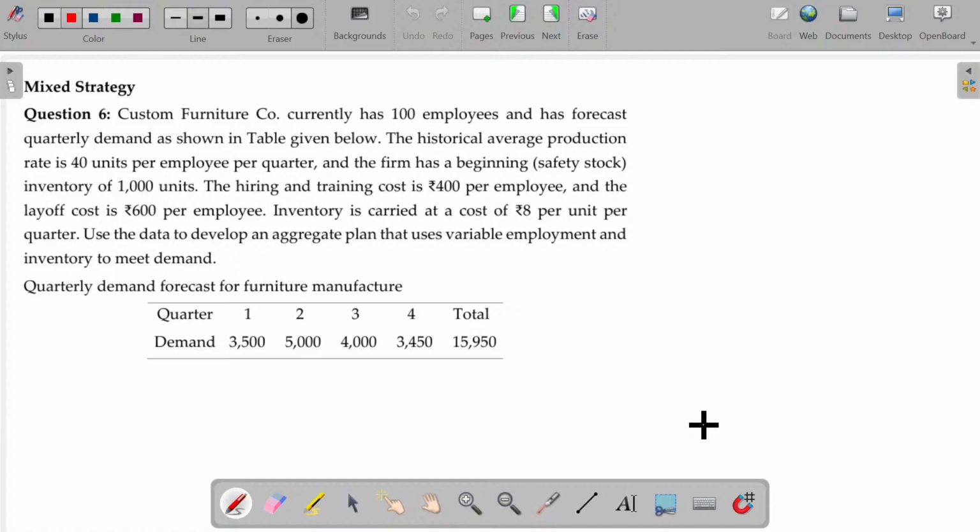Pure strategy means we have only one: hire or fire, or inventory model, or subcontract model. Practically we may have all the combinations. With extremely changing demand, we may have hire and fire, some extent inventory, some extent subcontract, some extent we may lose the order. Everything put together will come as a single problem, which is called mixed strategy.